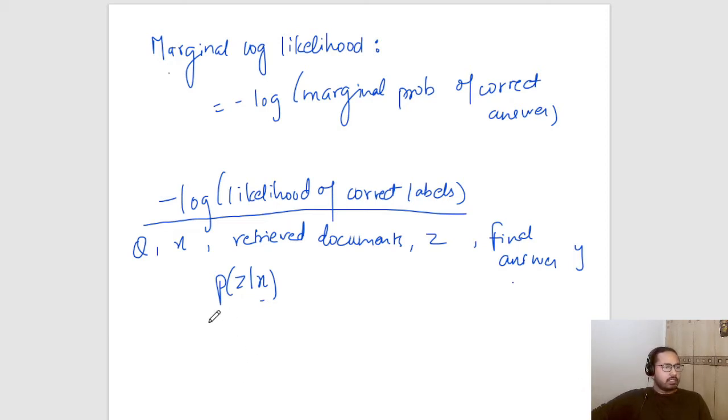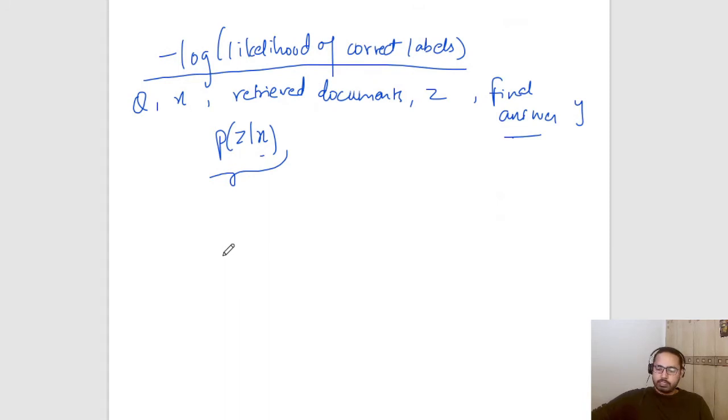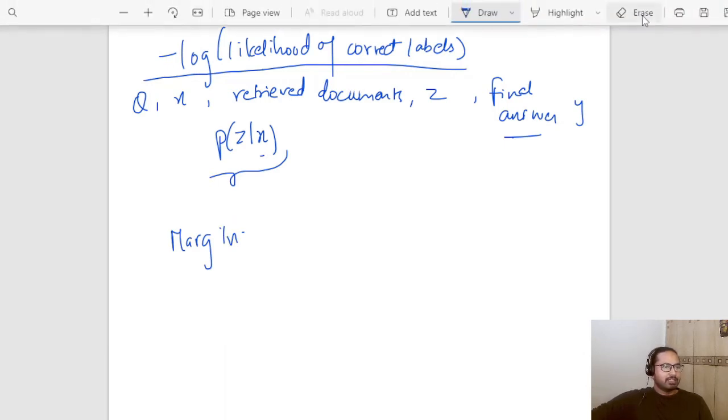So since this intermediate variable comes in, in order to get the likelihood of the final answer, we have to consider the marginal probabilities. I'll briefly talk about them.